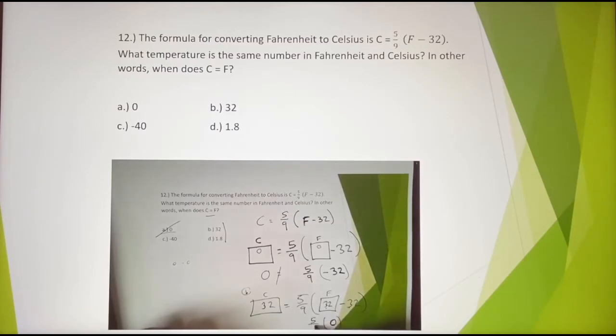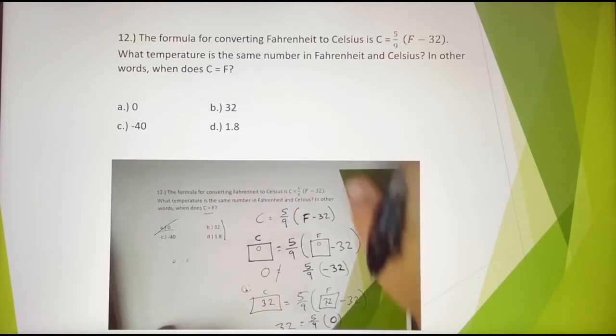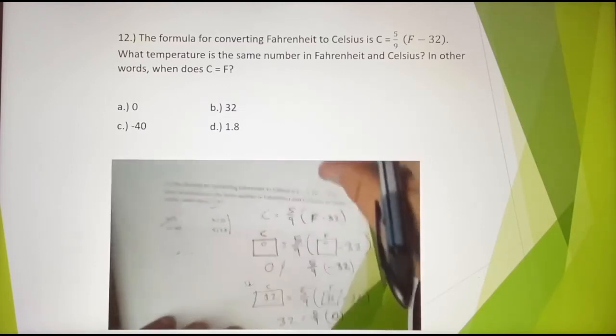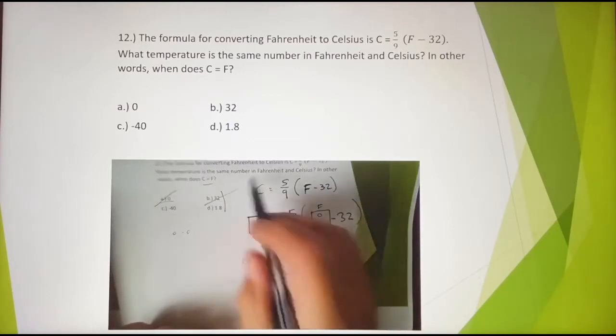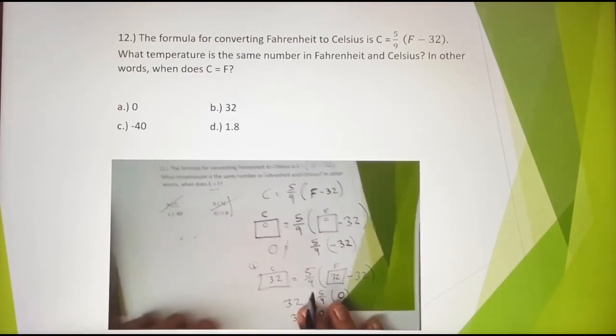So I've got 0 in the parentheses. 5/9 is equal to 32, right? I'm going to multiply the 0 times 5/9. Well, 0 times 5/9 is going to be 0, isn't it? Anything times 0 is 0. Does 32 equal 0? Of course not. So we can cross that one out.